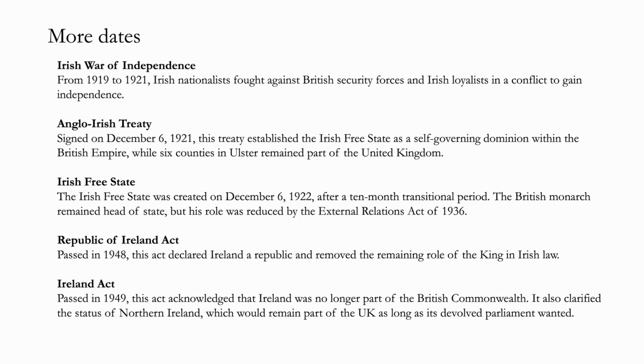And then in 1949, they declared they were no longer part of the British Commonwealth. And that also clarified the status of Northern Ireland, which remained part of the UK. So Northern Ireland and Ireland itself are now separate countries. Northern Ireland is a country belonging to the United Kingdom, and Ireland itself is a separate autonomous country.